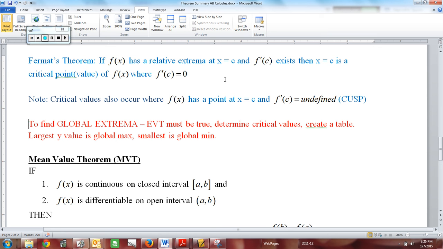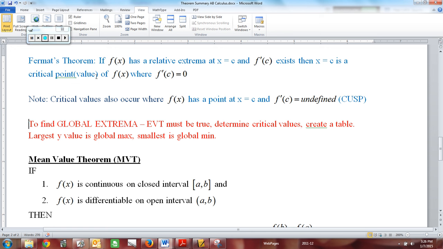But what we've been doing, and I didn't mention this in the last video, is basically using one of Fermat's theorems, which says that if a function has a relative extrema at x equal to c, a relative or local extrema, and the derivative exists, then at x equal to c, that's what we call a critical point or value, and it's where the derivative is equal to 0.